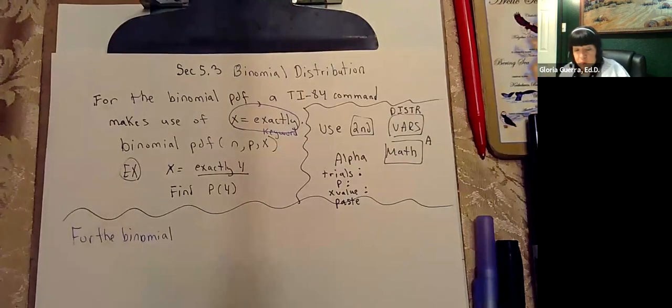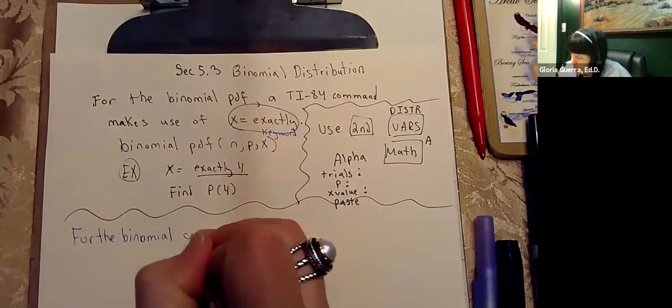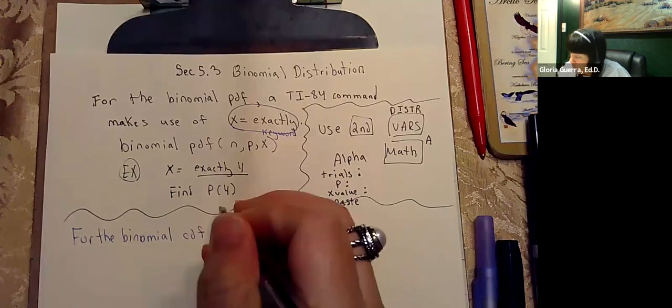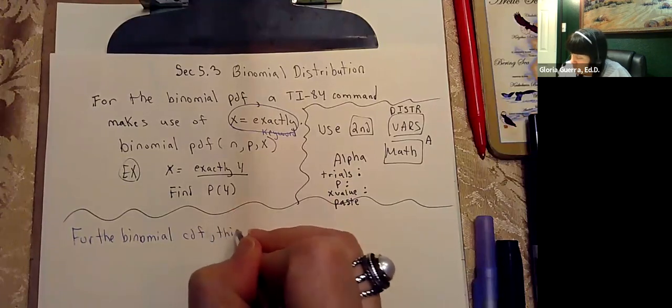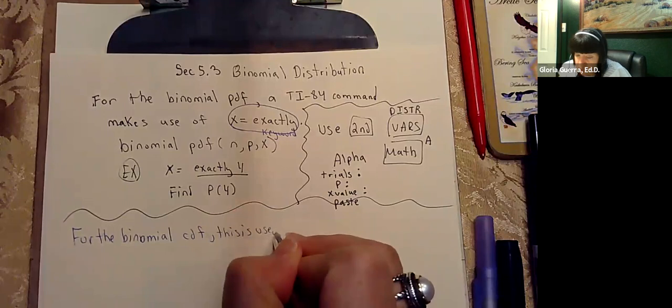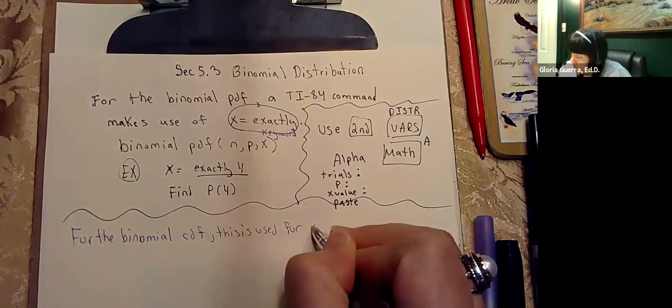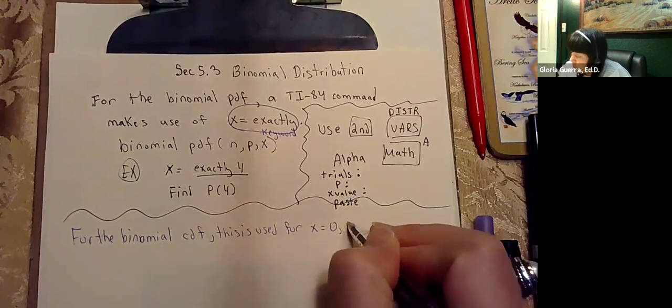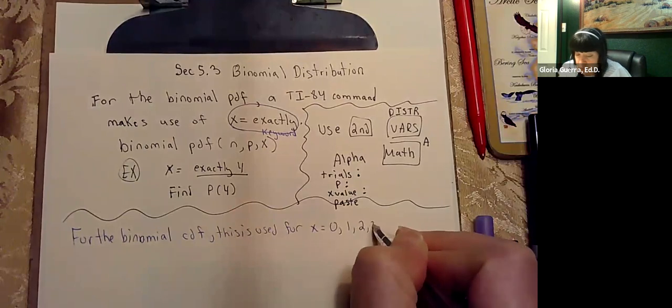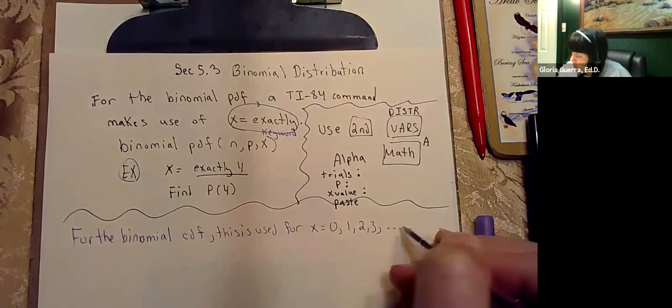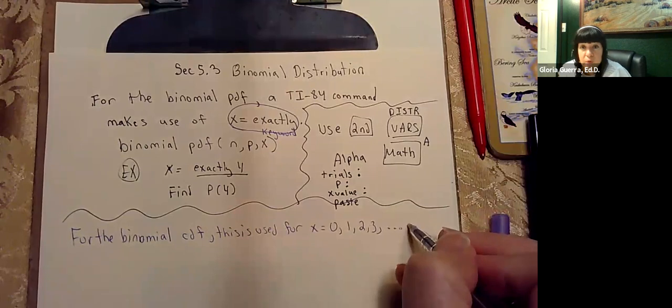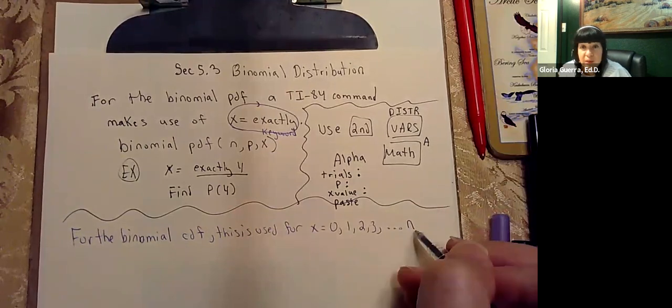Well, for the binomial CDF, okay, this is used for x equals 0, remember? 1, 2, 3, and so on and so on. And I think the paper used n on the paper. Sometimes I put all the way to x, but I think they used n.